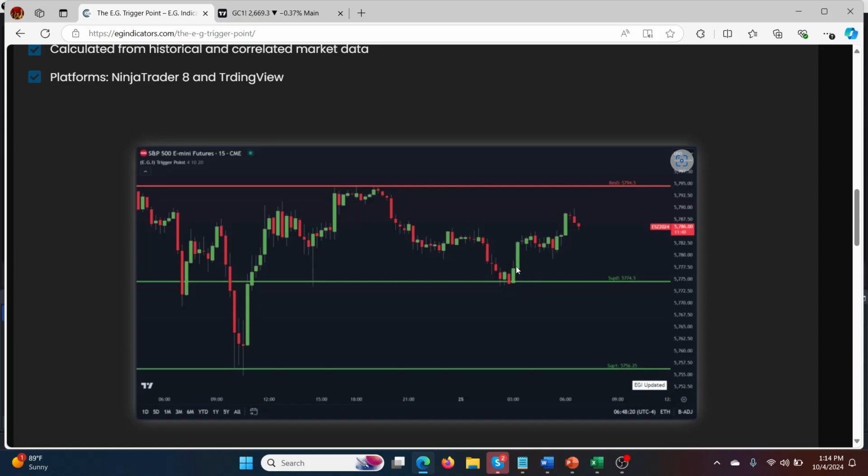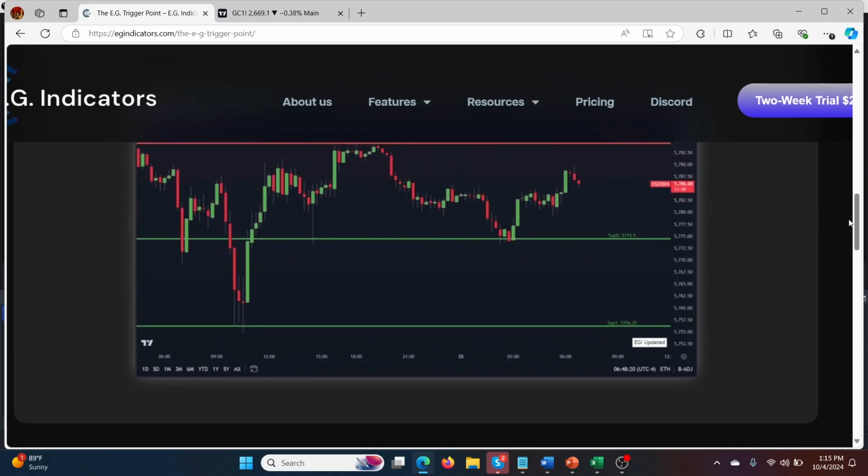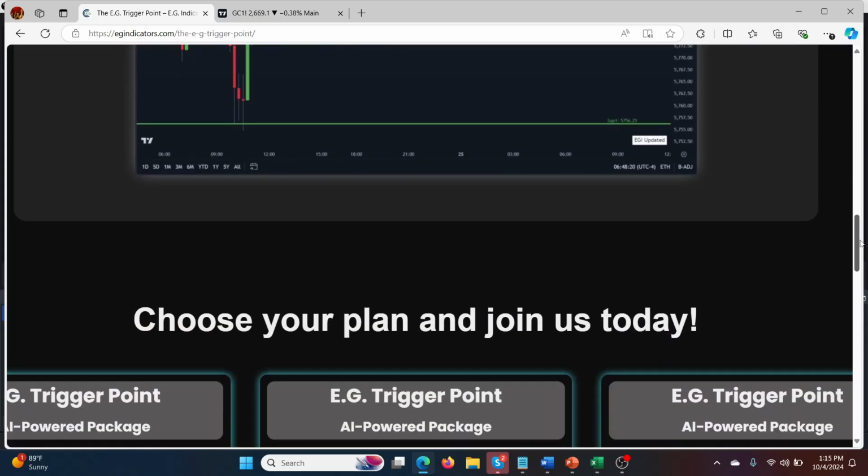And again, the first time it touches on the support line here, you'd expect a bounce, and that's what you can see happen. So you can imagine strategies here where you buy puts, or you buy calls here on the bounce. So pretty simple, and that's what attracted me to this. It's very simple, and there's lots of different ways of getting support and resistance lines, and this one sounds like it's the most sophisticated, right?